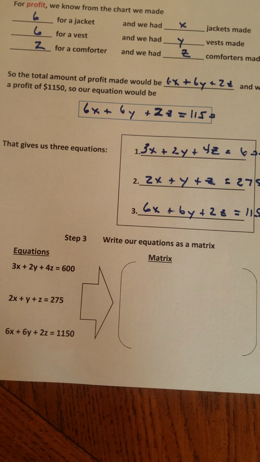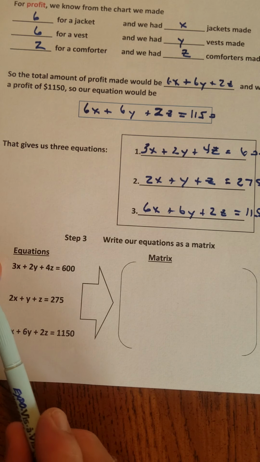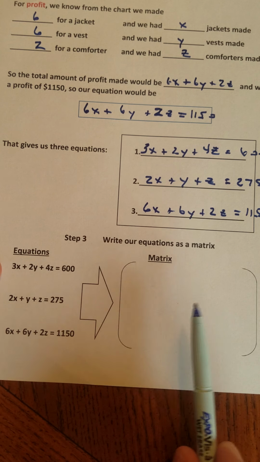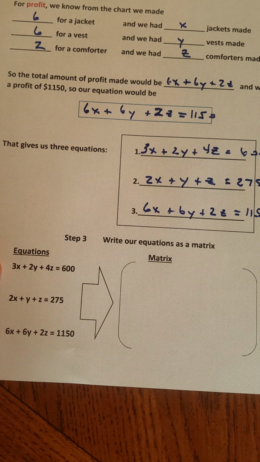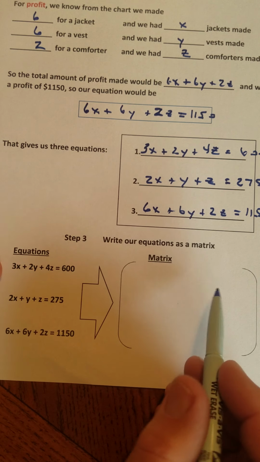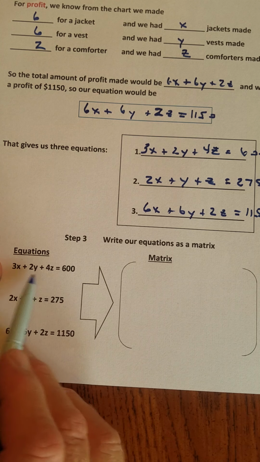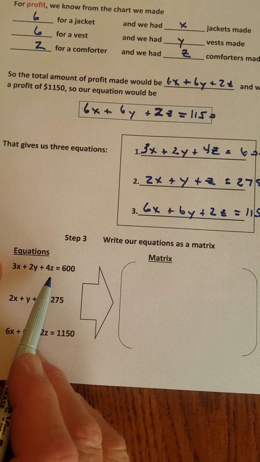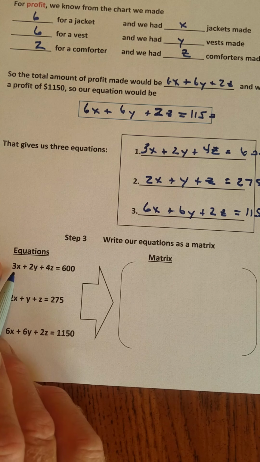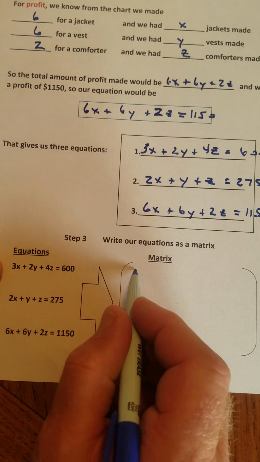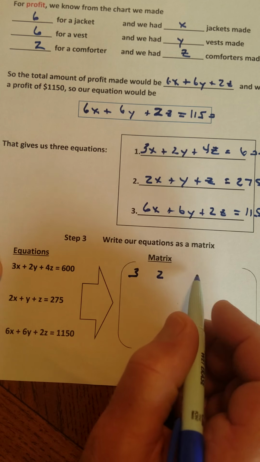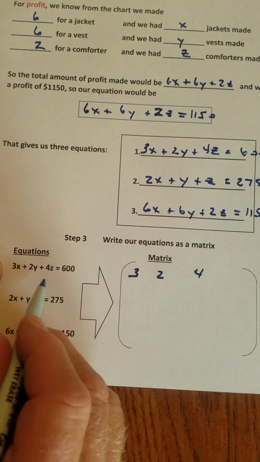By definition, a matrix is a rectangular arrangement of numbers, or sometimes we say a rectangular array of numbers. Rectangular means we're going to be putting them into rows and columns. It'll be rectangular when you look at it. My first row is simply going to be this equation. Take away the variables, the equal sign, and the plus signs. So I got 3, 2, 4, and 600.